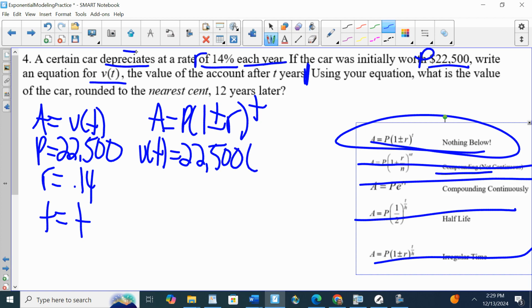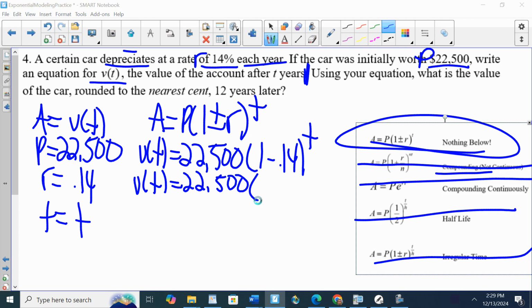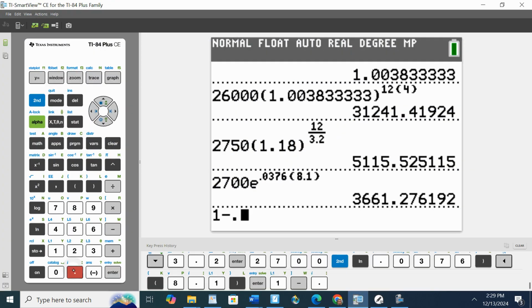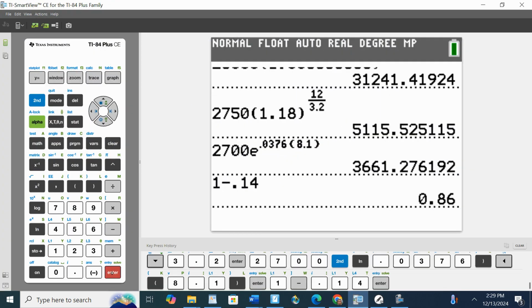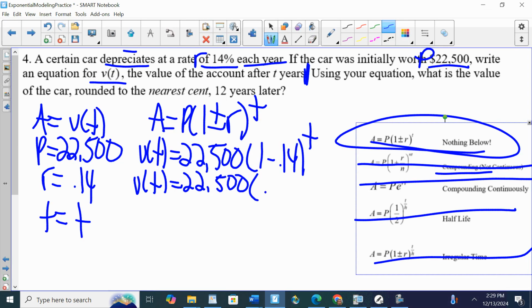Depreciates means minus: 1 minus 0.14 to the power of t. I'd like you to combine what's inside the parentheses if you can. 1 minus 0.14 is 0.86 to the power of t. Again, that 12 doesn't exist yet. This is the end of the first question.